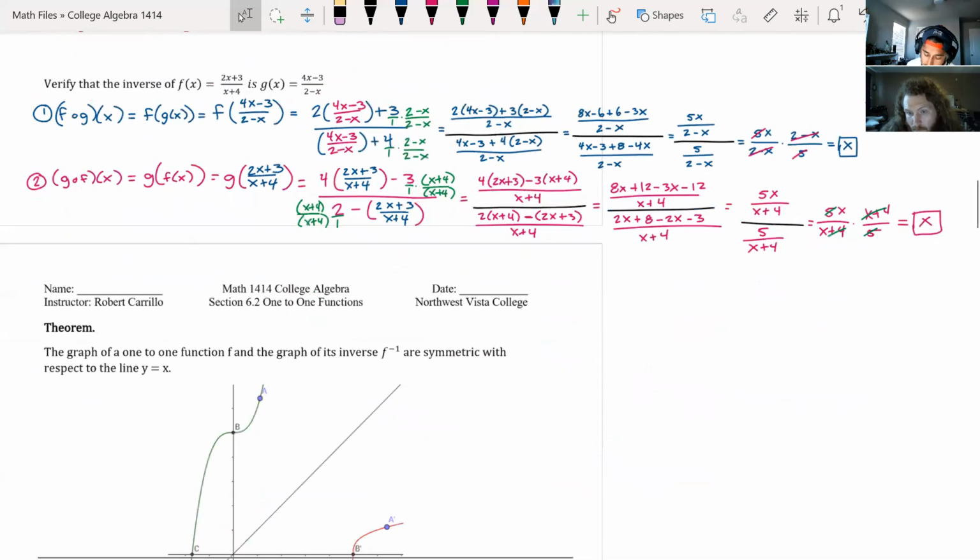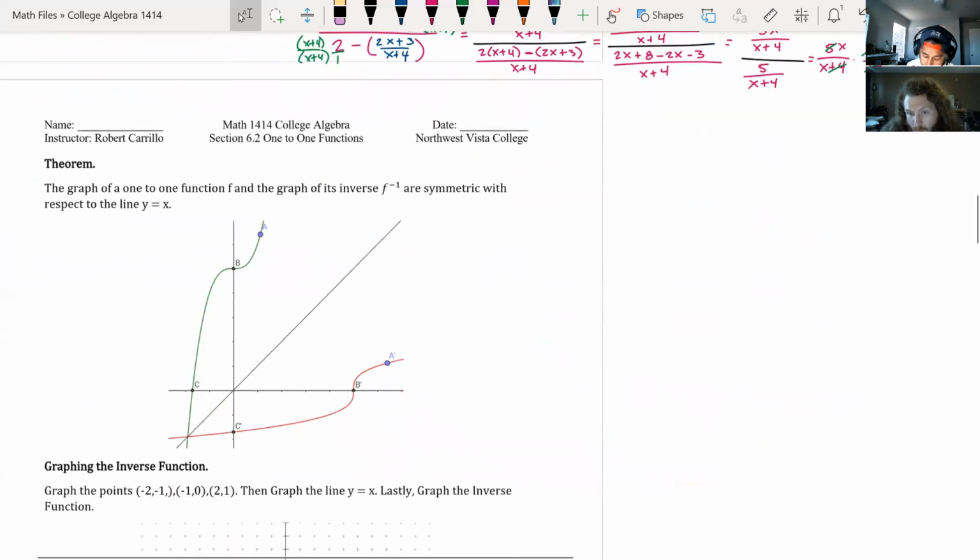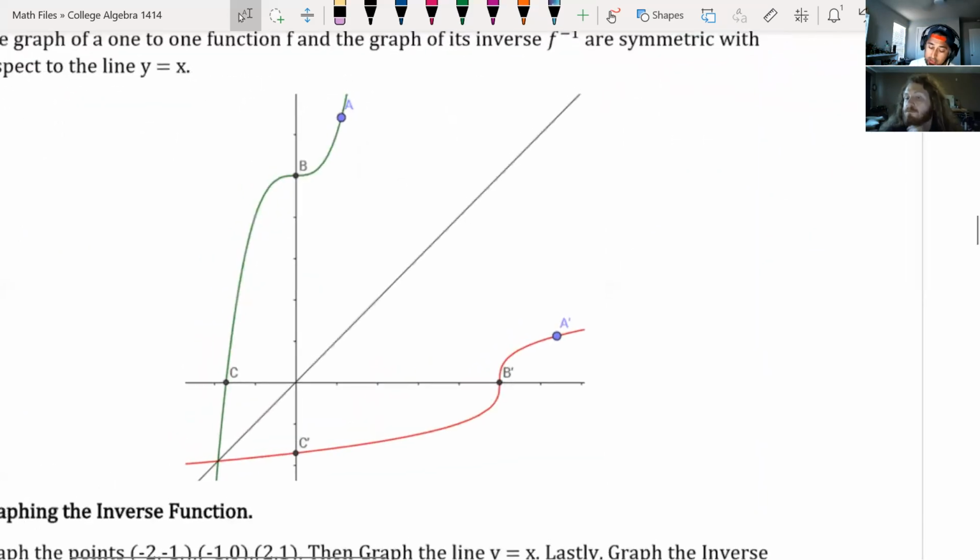All right. Next is about the graph of inverse functions. So the graph of a one-to-one function and its inverse are going to be symmetric with the line y equals x. So if you have the one-to-one function and its inverse, and you graph them, you will see that they reflect or are symmetric across this line, y equals x.